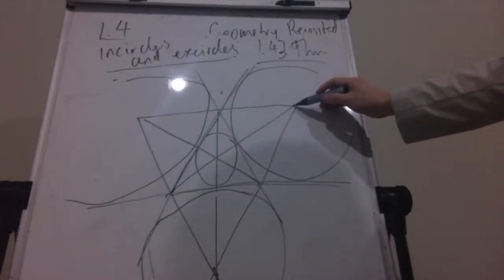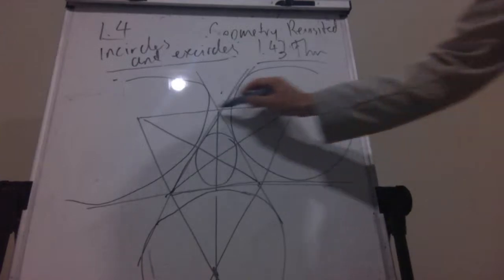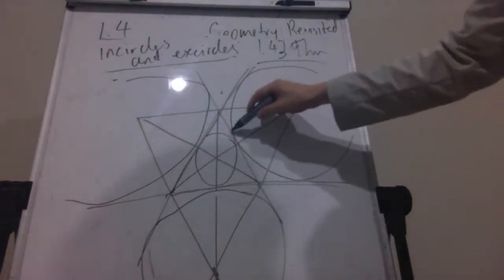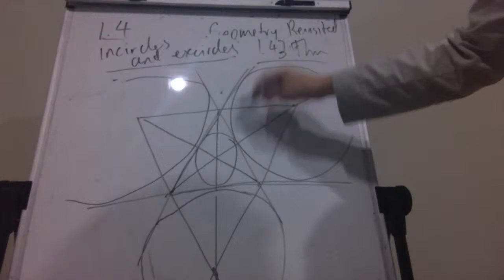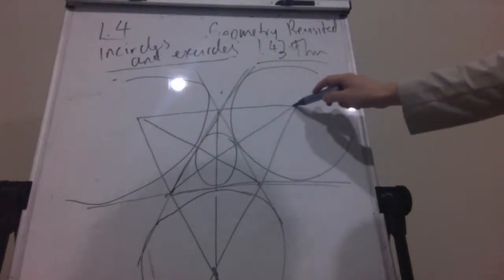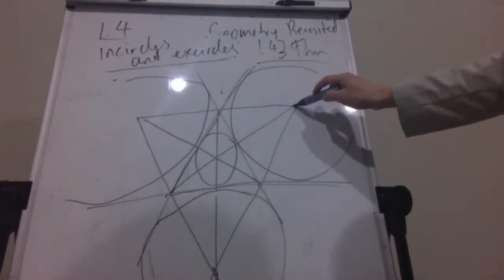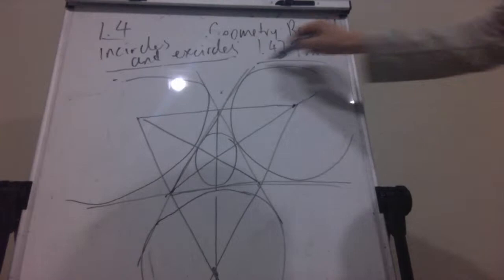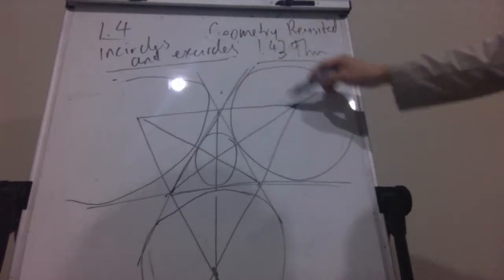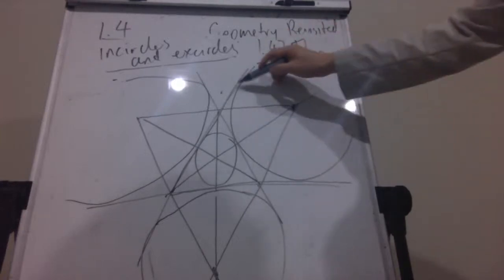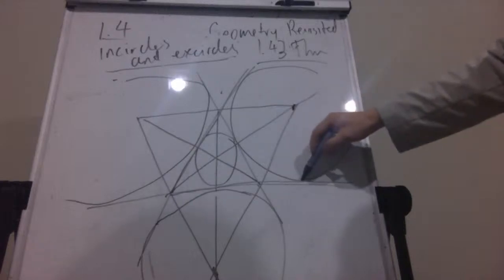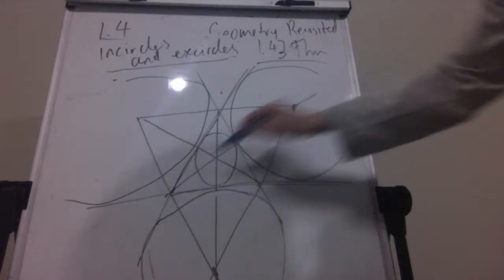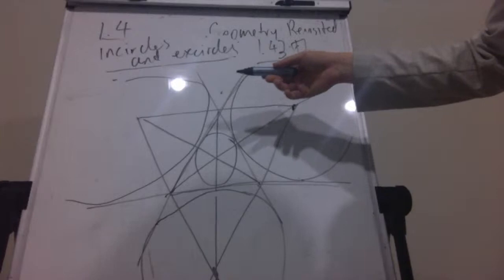The center of this circle is equidistant from these three lines, and the angle bisectors are things which are equidistant from two lines.